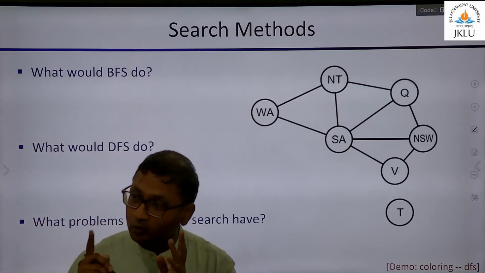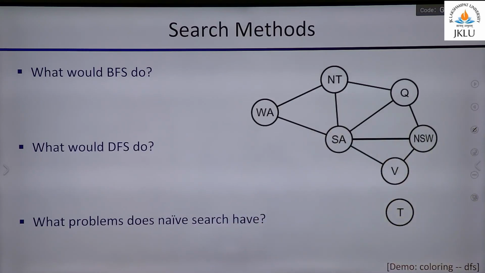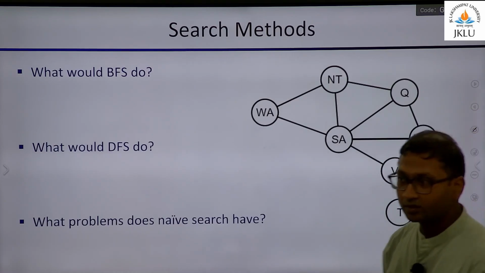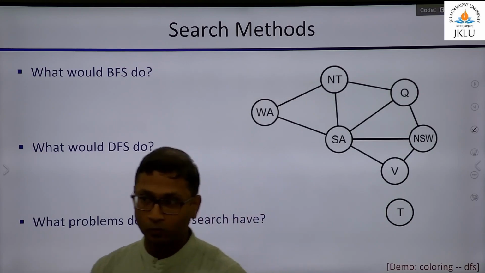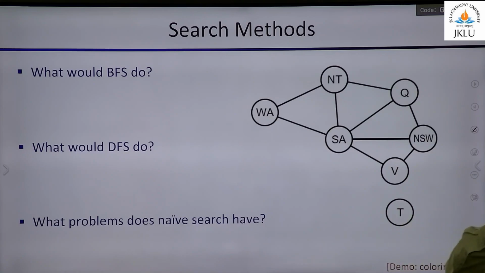So how many total such states will be there? 7. How many colors do I have? What is my domain size? 3. So 7 into 3? 21. I can have 21 states in the next level.